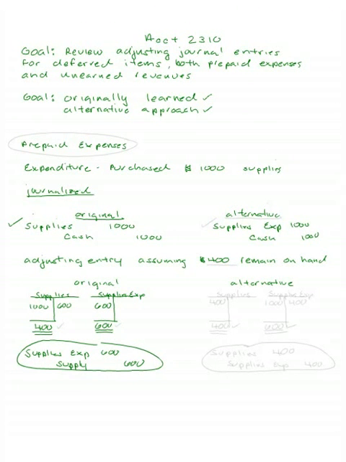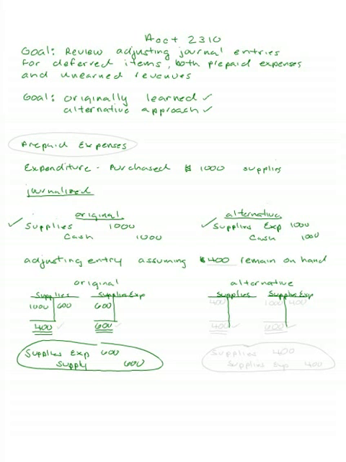Let's look at the alternative approach now. And again, we have the same two accounts. We'll be looking at supplies, and that contra account is supplies expense. Now I'm going to post my alternative entry I made when I journalized it.